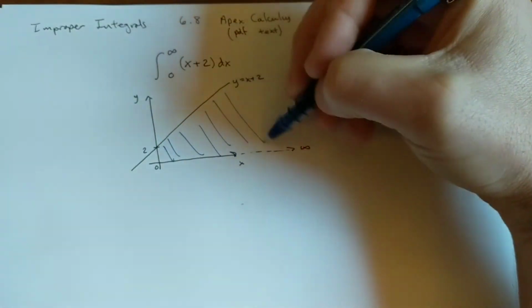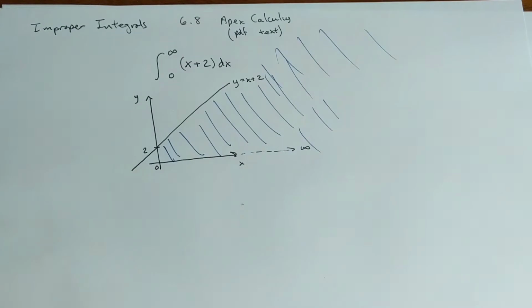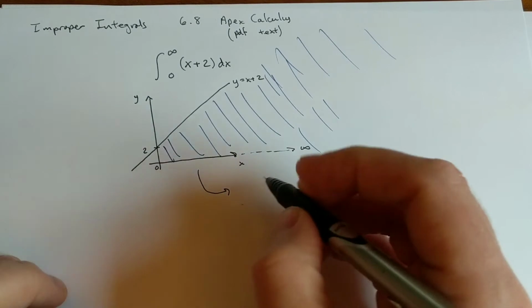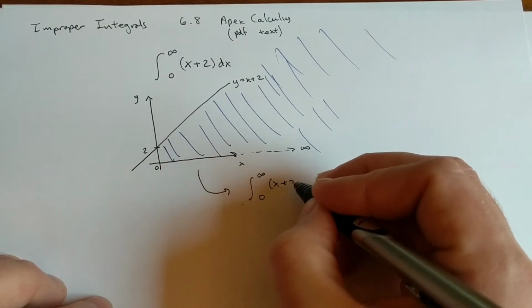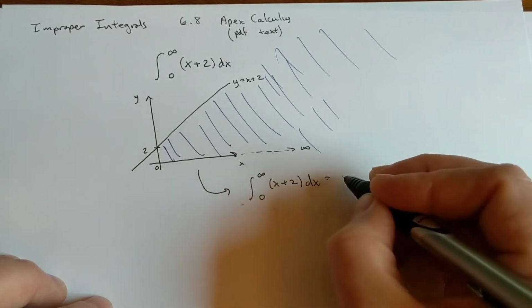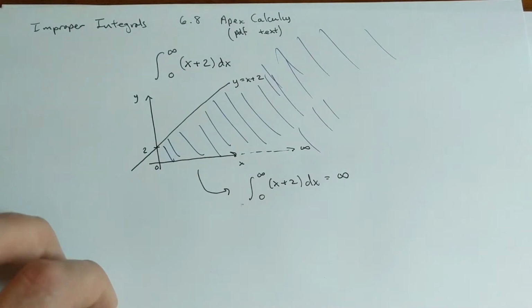And so for this kind of function, notice that as we go further and further, the area that we're trying to talk about is just getting larger and larger and larger. And so we might guess, and we'll see when we define this in terms of limits, that the area between 0 and infinity of x plus 2 is going to be infinite.